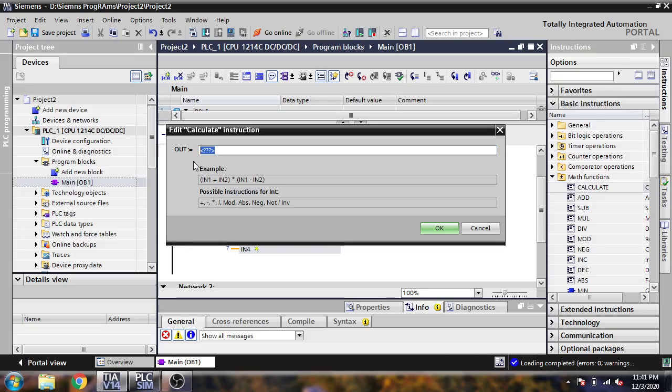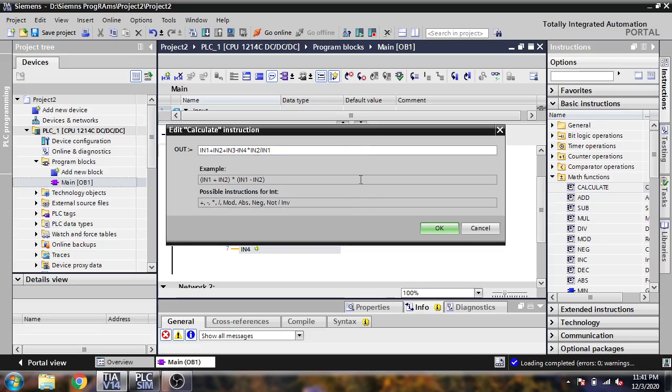I am just using in1 plus in2 plus in3, and then minus in4, and then I am using multiply there by in2, and also now I am going to divide that by in1.